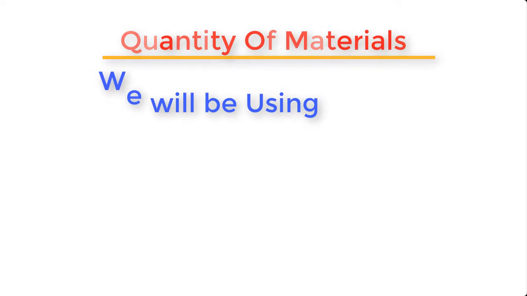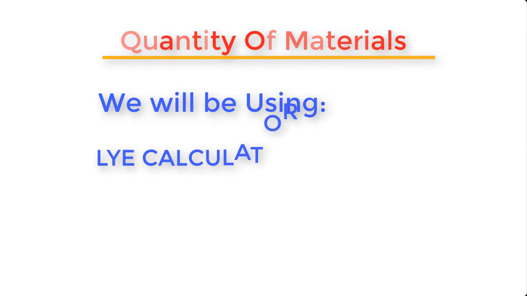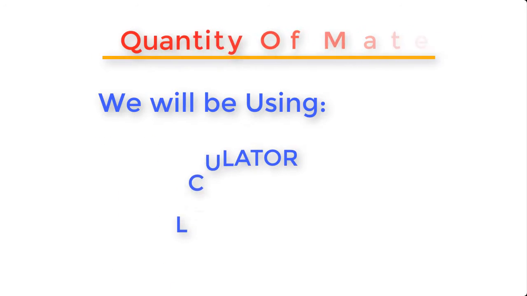In this preparation, we're going to be using 900 ml by volume of palm kernel oil, PKO, which is about 830 gram by weight. So now we're going to use the Lye calculator to determine the amount of caustic potash and the volume of water required to dissolve the caustic potash.